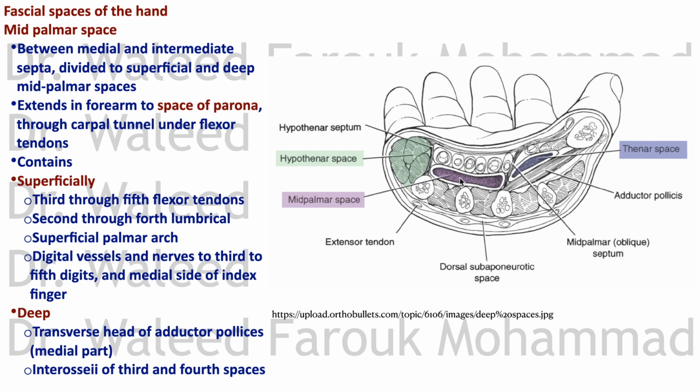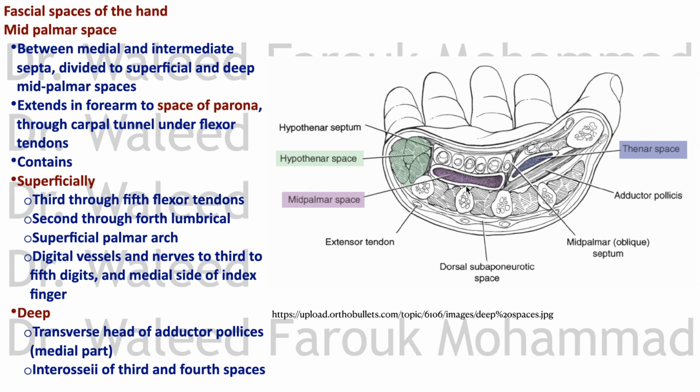This is the mid-palmar space, or the deep mid-palmar space, because this is the superficial mid-palmar space, and we have a hypothenar space. Now, the mid-palmar space between the middle and intermediate septa is divided into superficial and deep.